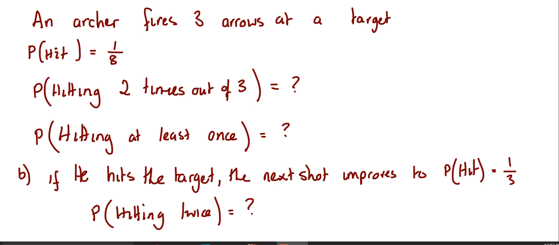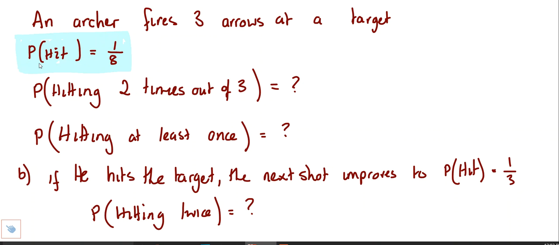Okay, let's talk it through if we're struggling. Let's just make this very clear. This probability of the archer hitting the target is something that's been set for you. How do you interpret that? What that means is it's not very likely that he's going to hit the target. If I were to interpret in terms of expected frequencies, based on that probability, I would expect him to hit the target once in every 8 goes.